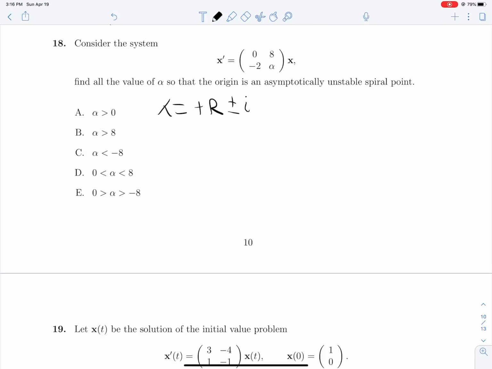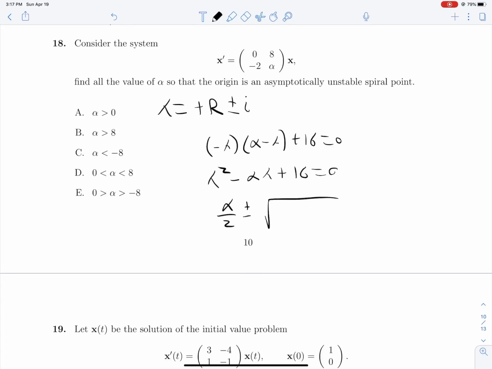So looking for this is just equivalent to solving for our eigenvalues and then just looking at what alpha could be. So we're solving negative lambda times alpha minus lambda plus 16 is equal to 0, lambda squared minus alpha lambda plus 16 is equal to 0, and solving for lambda, we will get negative b over 2, so alpha over 2 plus or minus the square root of b squared minus 4ac, all divided by 2.